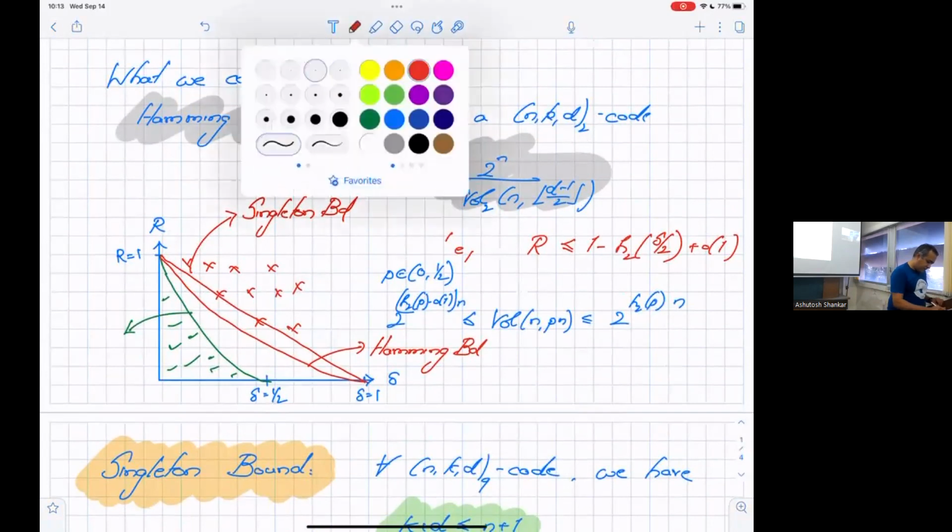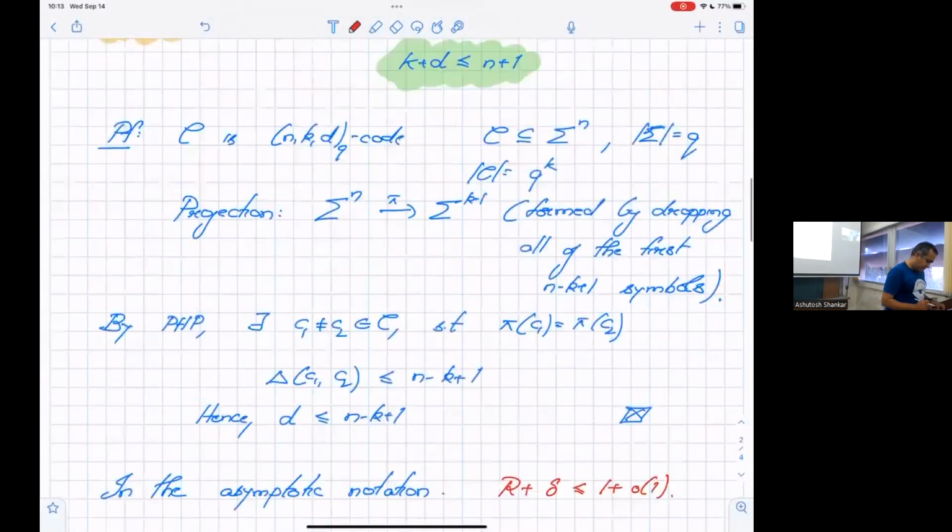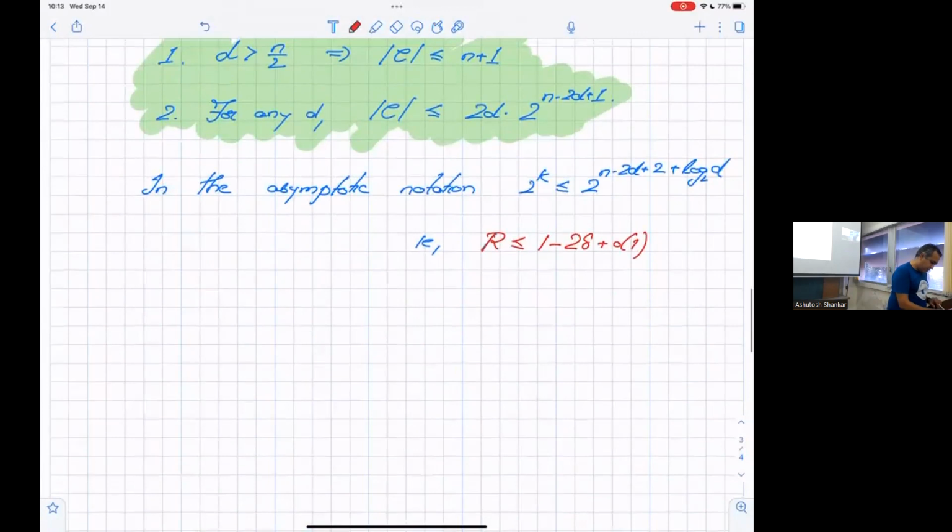This picture, what's happening over here? Let me redraw the picture.